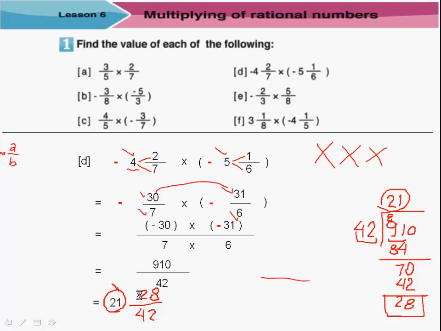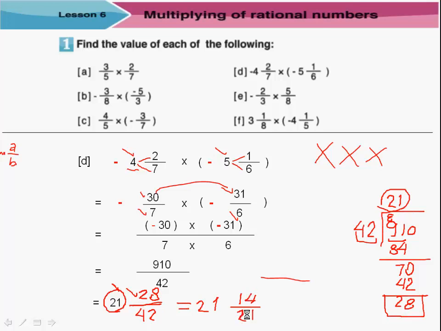The remainder we put in the numerator, over the denominator 42. Be careful because we want to put it in the simplest form. So we have 21 and 28 over 42. If we divide by 2, this gives 14 and this gives 21.